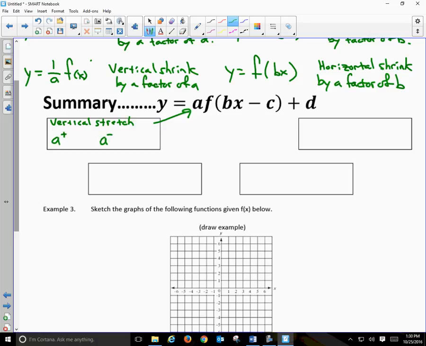And then also, if A is positive, what's going to happen? It'll go up, and if A is negative, it'll go down. What other piece is on the outside? D. Yep, and that is a vertical shift.